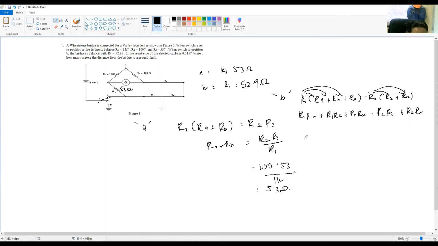Maybe I just simplify the equation. From this equation you can get the Rx. So Rx equals R1 multiplied by (RA plus RB), minus R2 R3, divided by R1 plus R2.